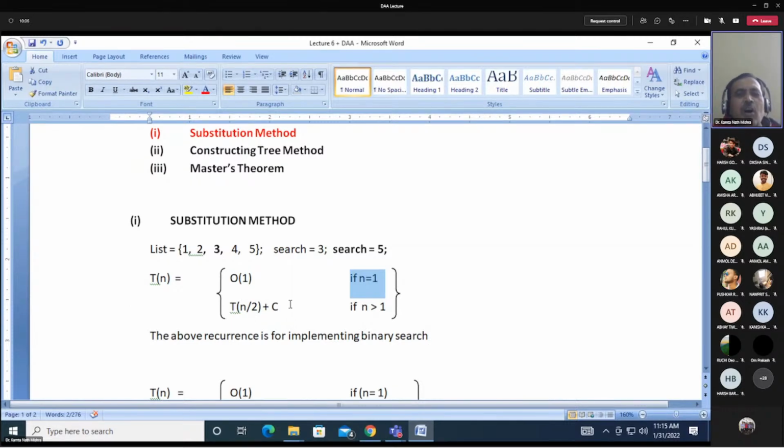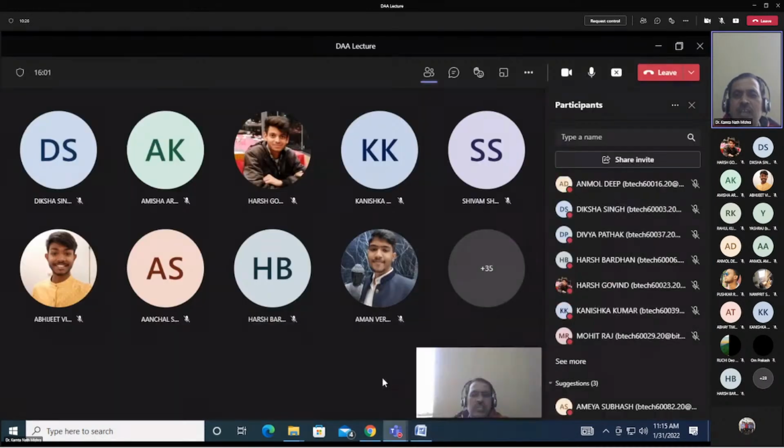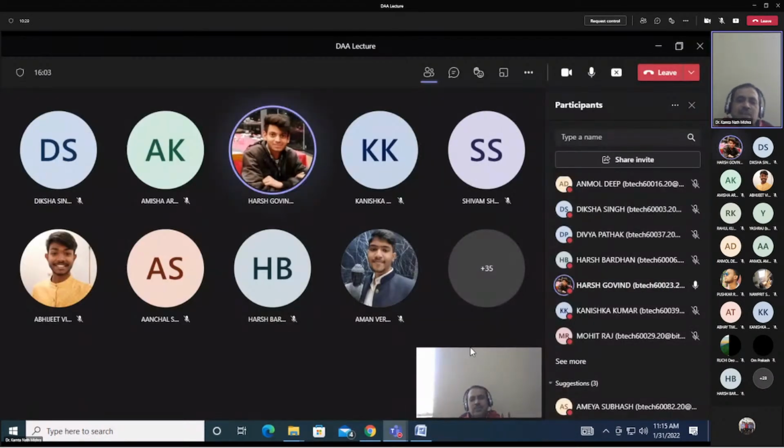Otherwise, for all values of n greater than 1, the function T(n) is written as T(n) = T(n/2) + C, where C is a constant. So first we say T(n) = O(1) if n is equal to 1, and then T(n) = T(n/2) + C if n is greater than 1.